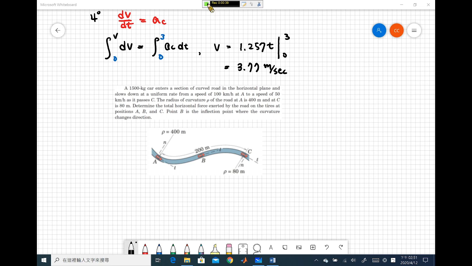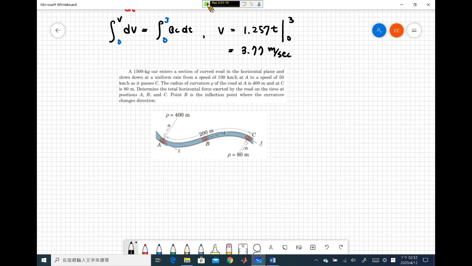The radius of the curvature at A is 400 meter, at C is 80 meter. Determine the total horizontal force exerted by the road on the tires at position A, B, and C. And B is the inflection point. That means the curvature is infinity. The an at B is 0. All right.